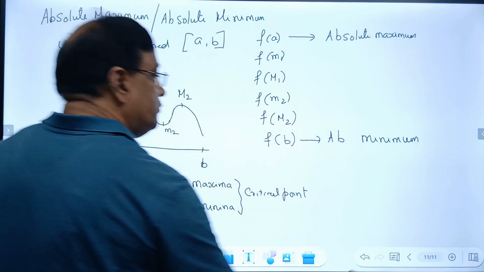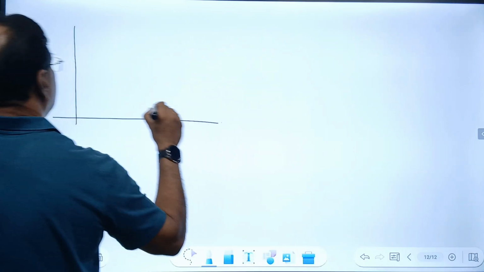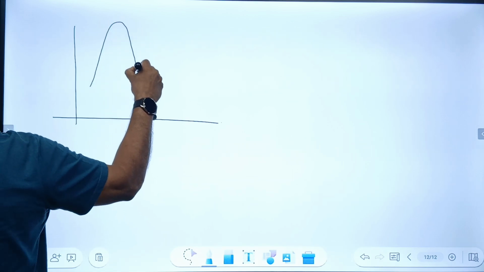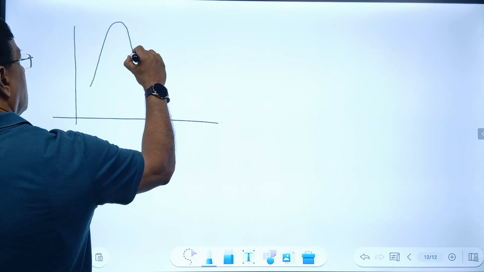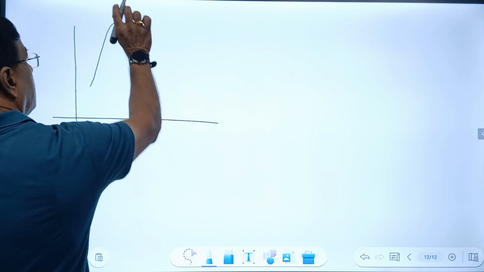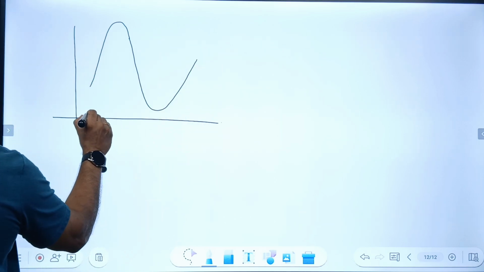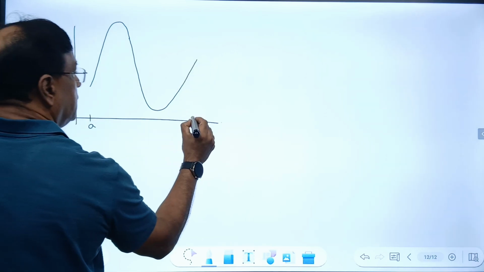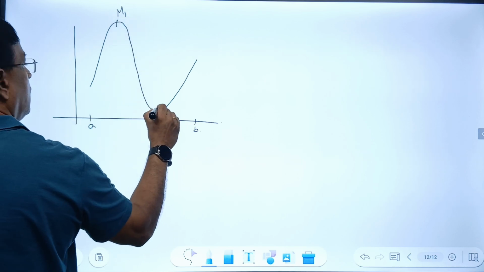Okay, I give you another situation. It's the same function. Let me draw the graph like this. Suppose this is A, and this is B. And this is capital M1, and I call this small m1.